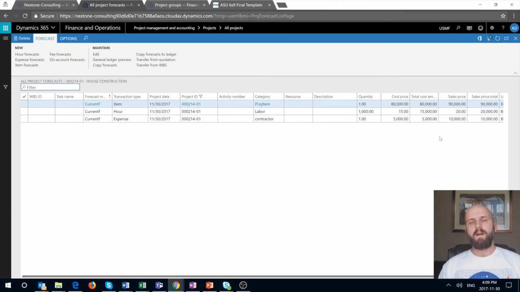The total cost of that sub-project, the total cost of that obligation, is found right here, and we can see it under our forecast. The total cost for our parts is estimated to be $80,000. The total cost for our labor was $15,000, and the total cost of my contractor expense was estimated at $5,000. So the sum of all the estimated total costs was 80 plus 15 plus 5, which gives us $100,000.